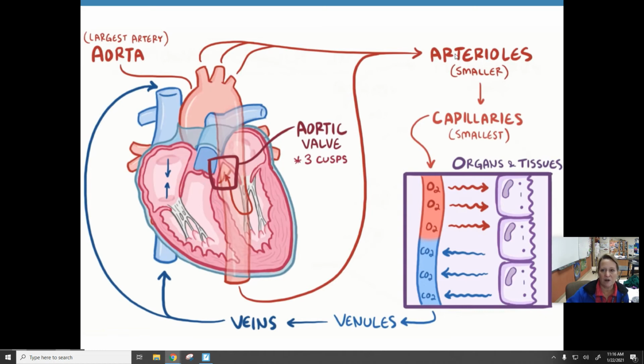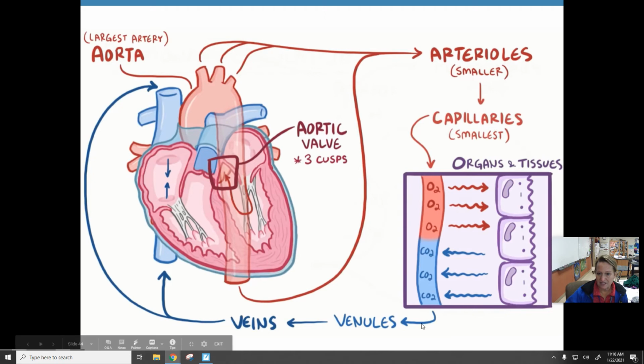It's going to branch out into smaller and smaller arterioles and end in those capillary beds all over the body. In those capillary beds, oxygen is going to diffuse out and go into the tissues, and the waste product of metabolism of breaking down the glucose for ATP is carbon dioxide. That is going to diffuse back in.